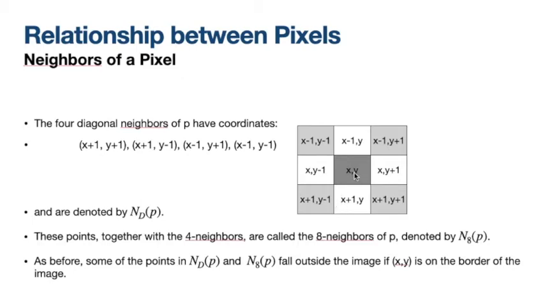These pixels are called the diagonal neighbors of P, and these points together with the 4 neighbors of P are called the 8 neighbors of P. That is, all these 8 pixels around this pixel P are called the 8 neighbors of P, and it is denoted as N8 of P. And as we have already said, if x y, that is P, is on the border of the image, then these neighbors can lie outside the image.